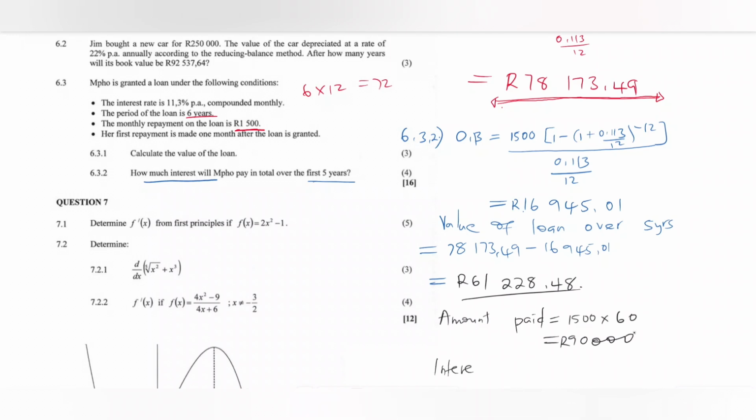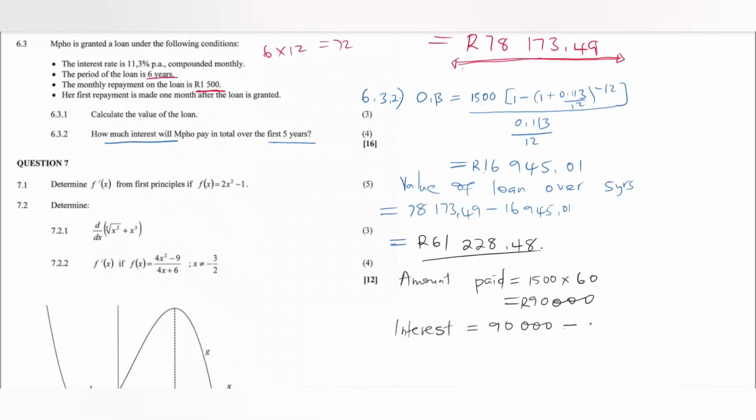Interest will be the amount paid minus the value of the loan over 5 years. So that is going to be 90,000 minus 61,228.48. We get 28,771.52.